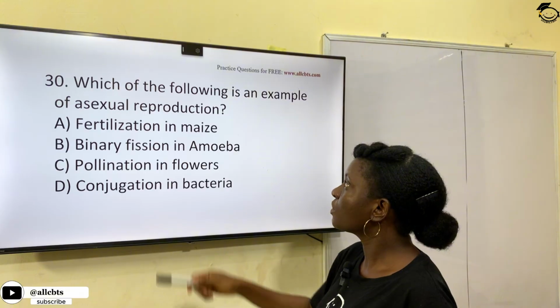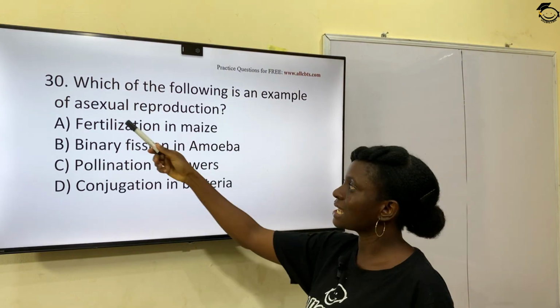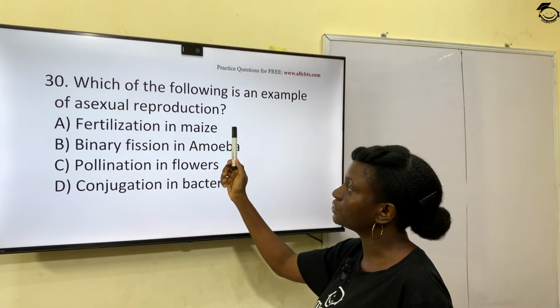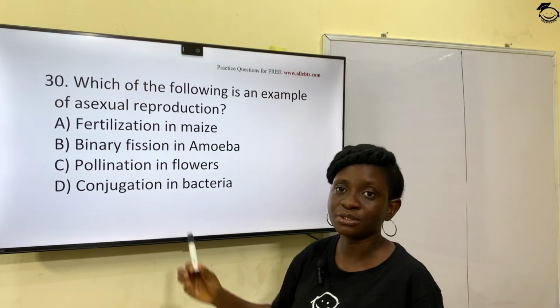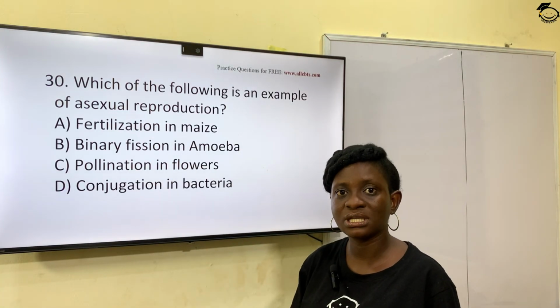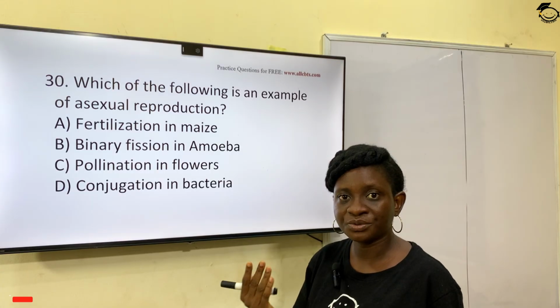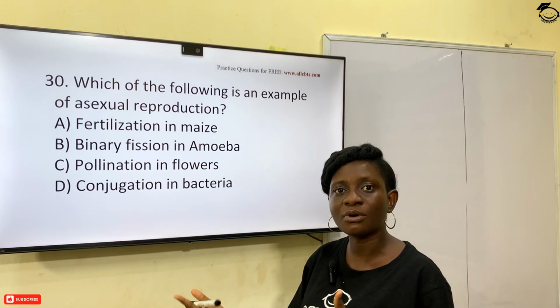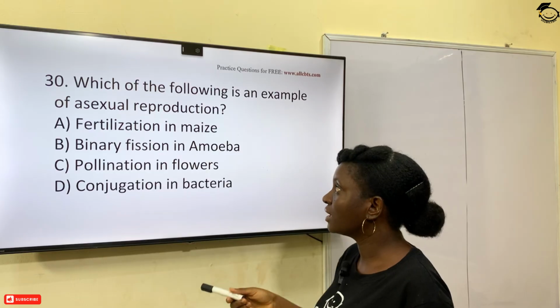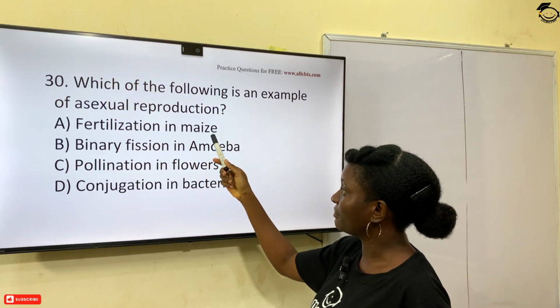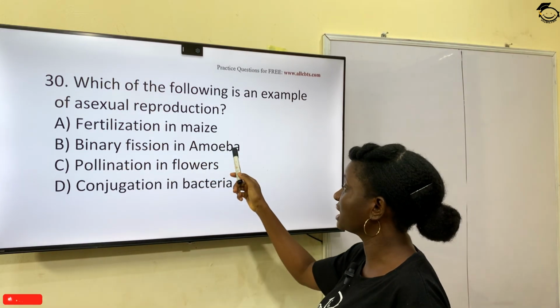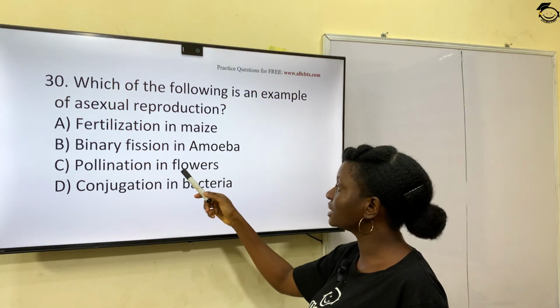Question 30. Which of the following is an example of asexual reproduction? Asexual reproduction means just one parent is involved in the process of reproduction and forms identical offspring. So A. Fertilization in maize. B. Binary fission in amoeba. C. Pollination in flowers.